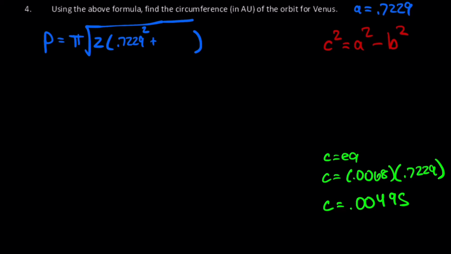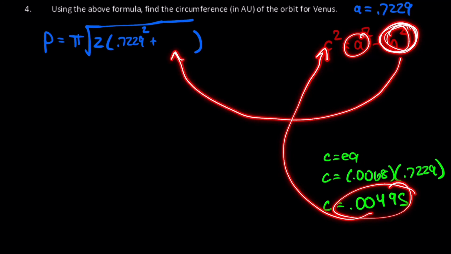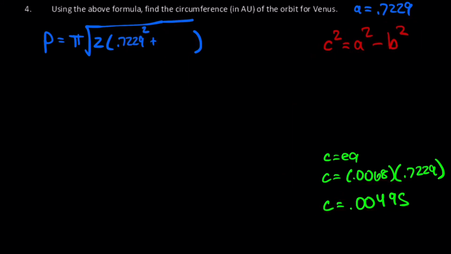So now I need to take that, plug it in here for C, use the value I already know for A, and we have to solve for B squared. Once I get B squared, I can put that number right here. I don't need to square it because it's already B squared. Remember, this is really A squared plus B squared. So let's do that. 0.00495 squared equals 0.7229 squared minus B squared.